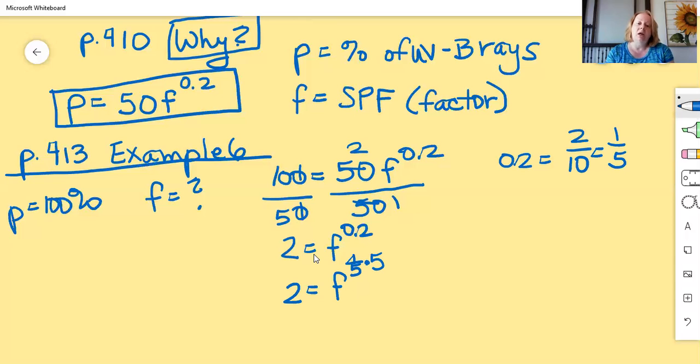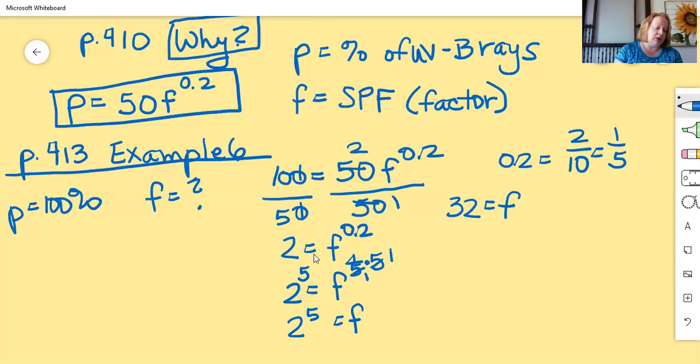If I raise F to the 5th, I have to raise 2 to the 5th to keep things equal. The 5s cancel, and I get 2 to the 5th equals F. 2 to the 5th is 32, so 32 equals F. Then you write a little phrase of what that means: your sun protection factor is going to equal 32.